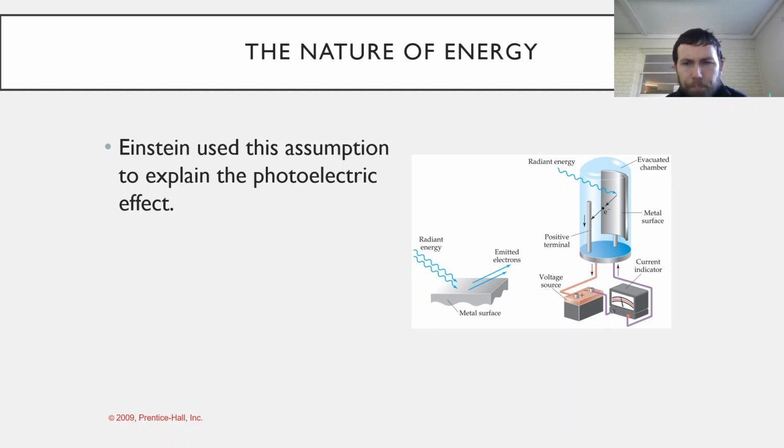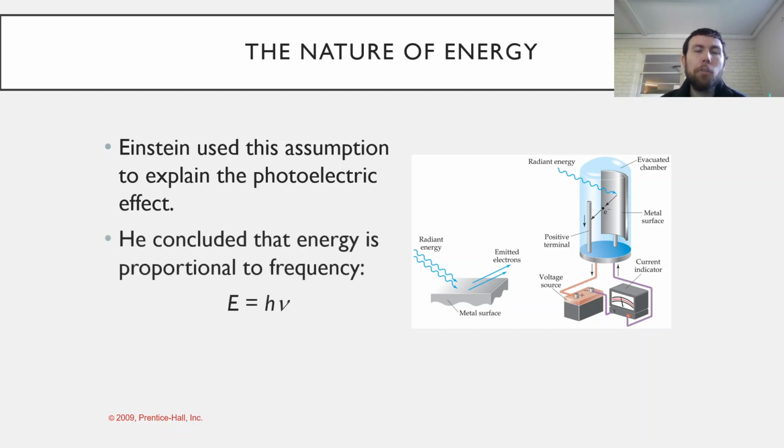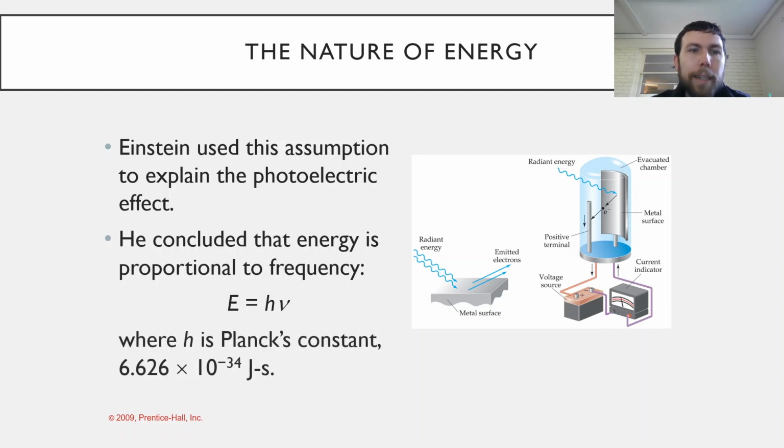And so Einstein used that idea to identify and explain why metals, when shined with a specific energy of light, would give off electrons. From that, Planck and Einstein both concluded that energy is proportional to the frequency of the light that's used to cause the electrons to be given off.